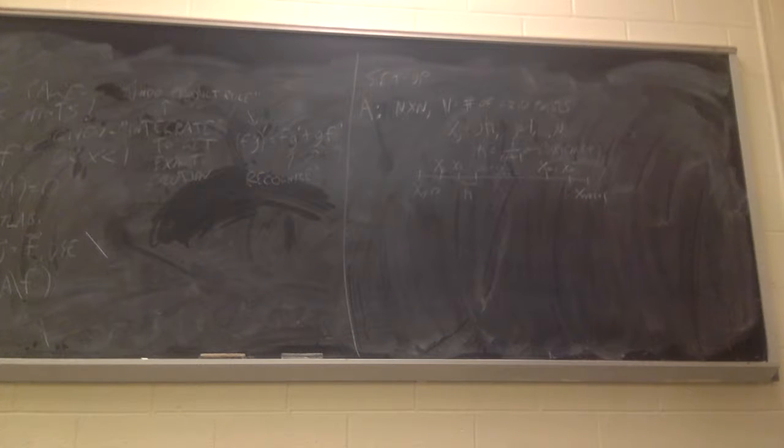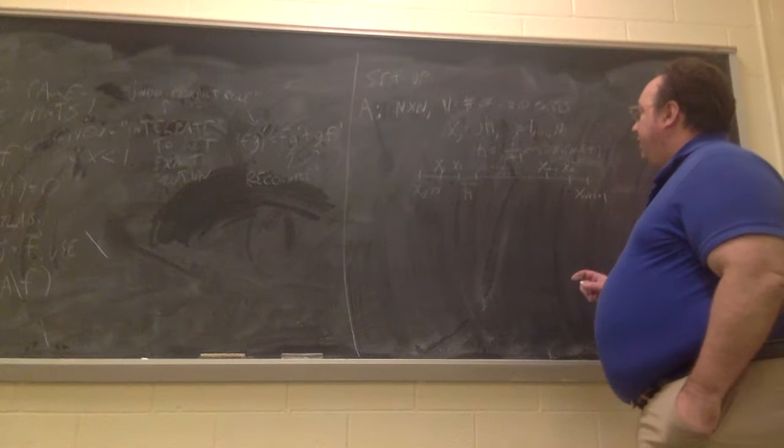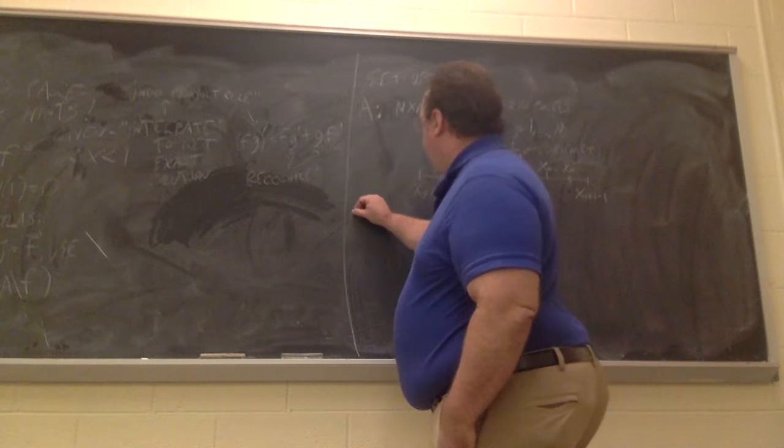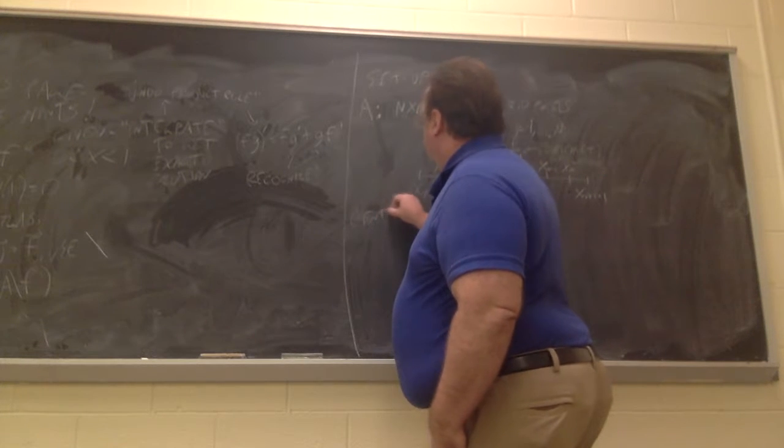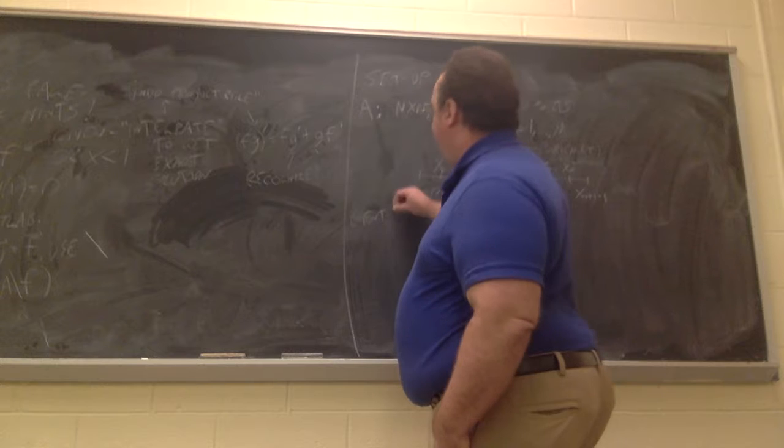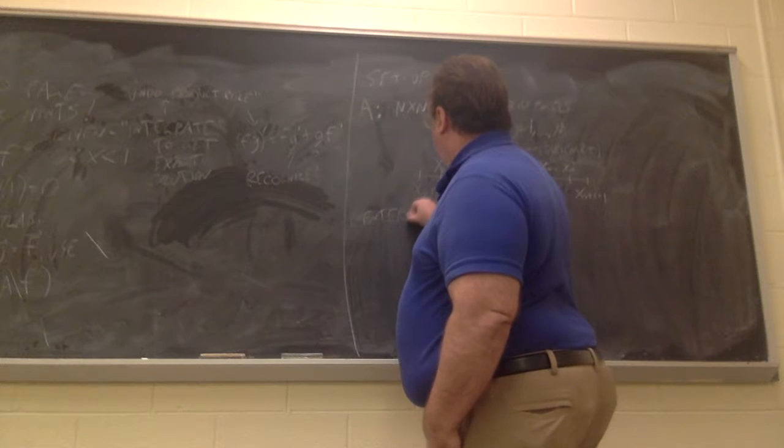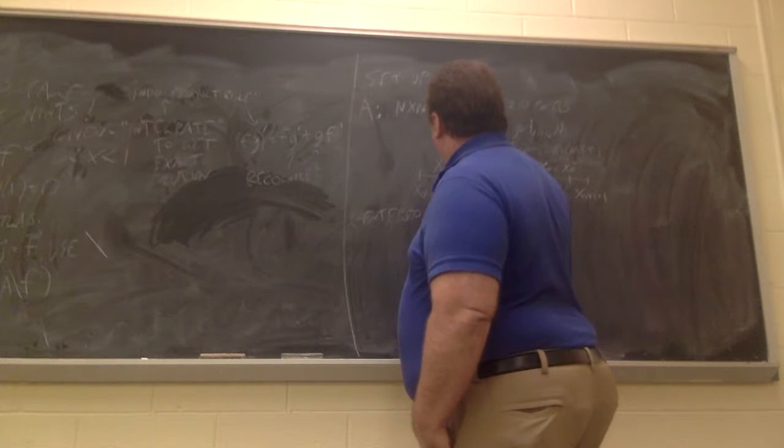Now, as far as what the matrix A looks like, this is supposed to approximate minus uxx. So we use the centered difference.